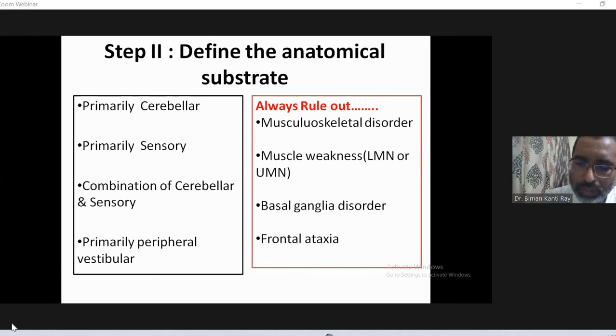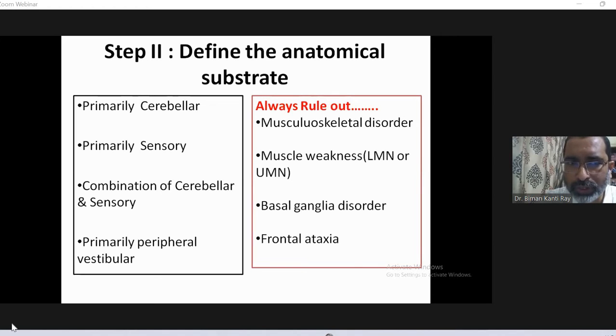Once you are confident that the presenting problem is ataxia, in the next step, you always think in your mind, what is the probable anatomical substrate? At the very beginning, I told you it may be in either the cerebellum or the sensory system.